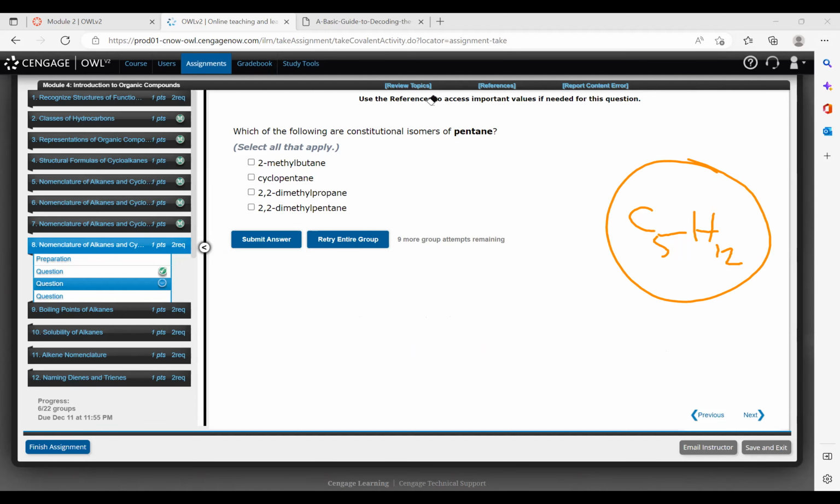2-methylbutane. Butane tells us that we'd have CH3, CH, CH2, CH3. And then the 2-methyl will go on top here. So this is how it would be arranged. The butane tells us that we have 4 single bond, ane, all single bonds, no double bonds.